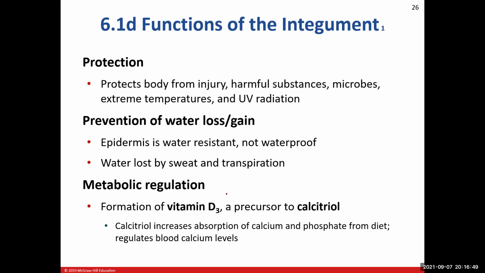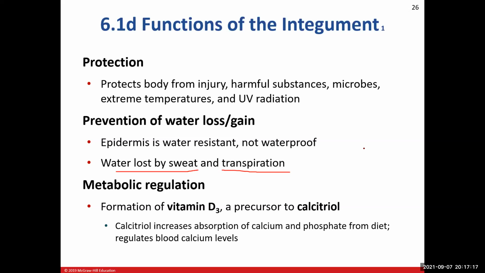But it is water resistant, so it prevents the entrance of a lot of water, but not all of it. And of course, your body is able to get rid of water through perspiration, through sweat, and this process of transpiration, when your sweat glands give off a little bit of sweat and water from time to time.